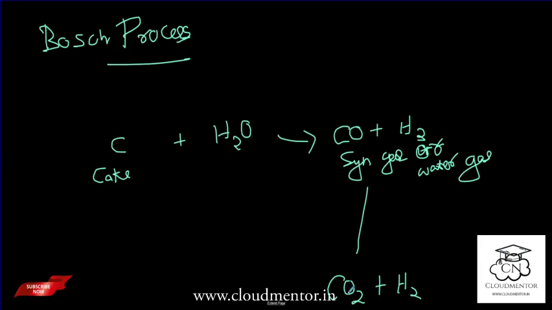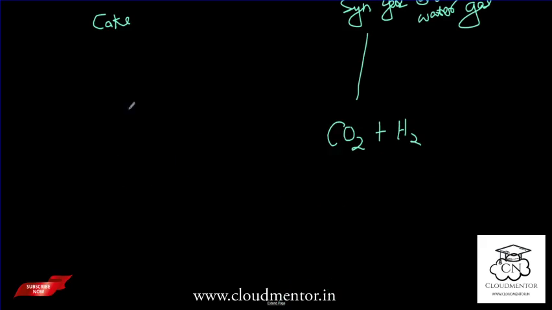And carbon dioxide is removed by washing under pressure of 25 to 30 atmospheres, or by reacting with potassium hydroxide. That was the reaction in the Bosch process. Okay, simple. And the next process is the Lane process.